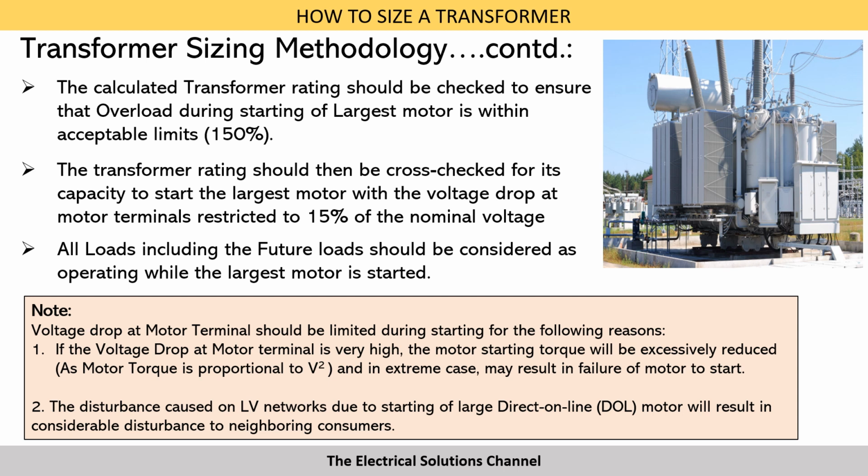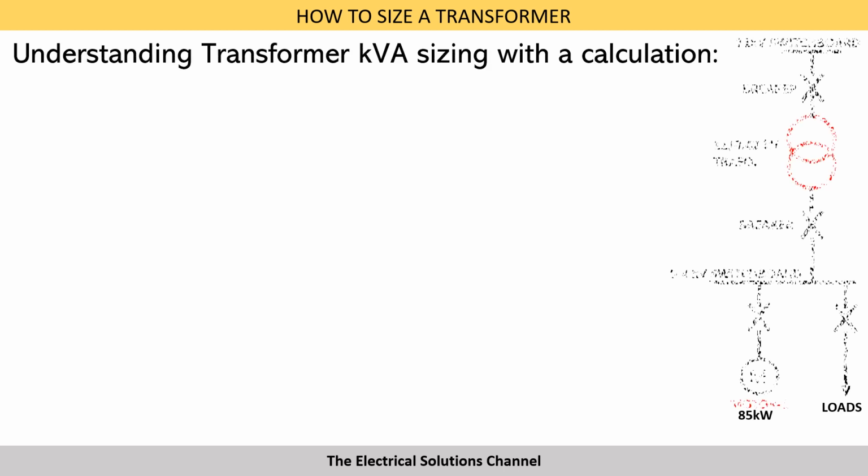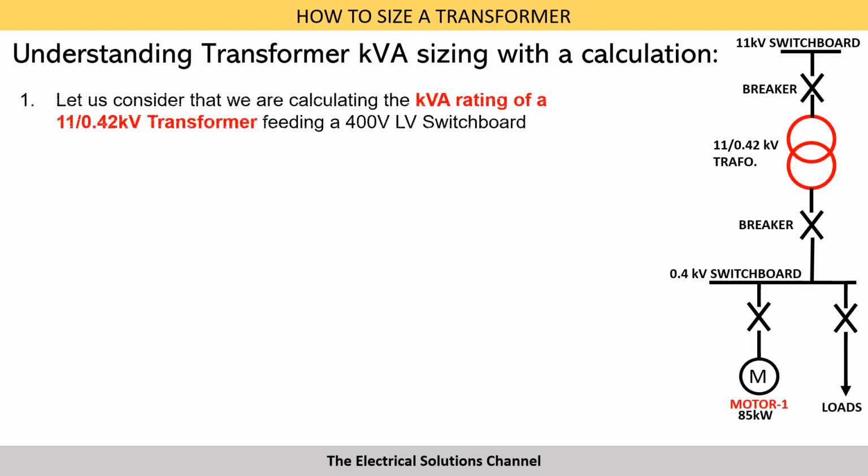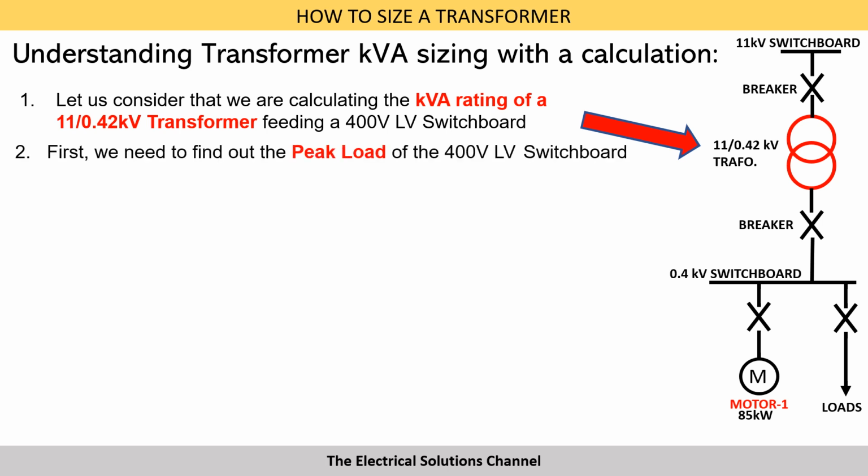Also, the disturbance caused on LV networks due to starting of the large direct on-line motor will result in considerable disturbance to neighboring consumers. Let us now understand the transformer kVA sizing with a calculation. For our example, we are calculating the kVA rating of a 11 by 0.42 kV transformer feeding a 400 volt LV switchboard as shown in the SLD.